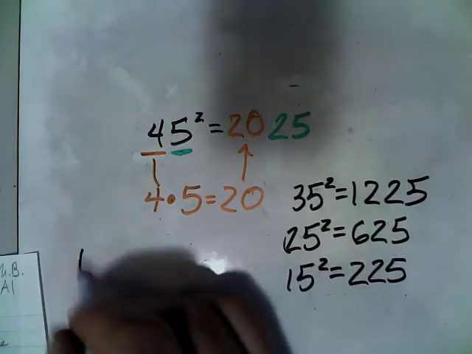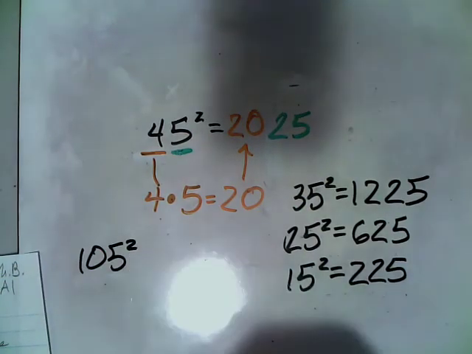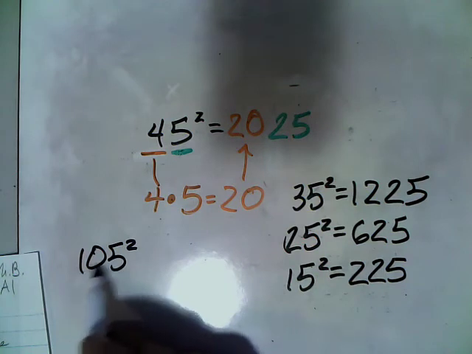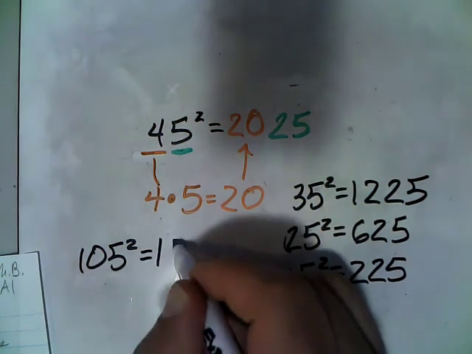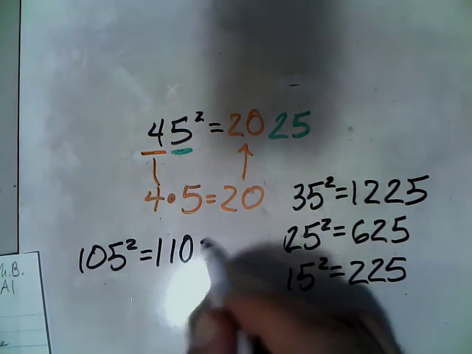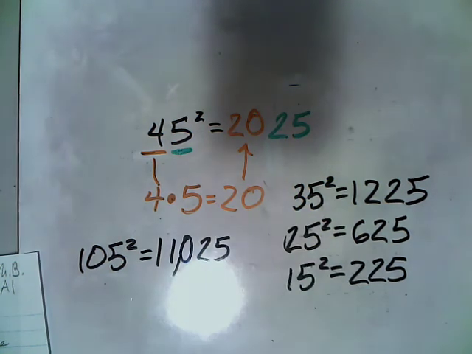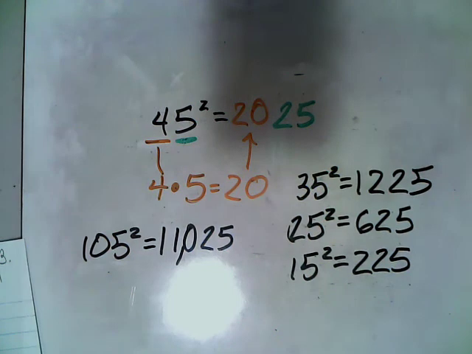For that matter, I could do 105 squared. So I'm going to treat this like a 10 in front of that 5. So 10 times 11 would be 110, but then I'll end in a 25. So it's actually 11,025. Nice little shortcut there. Can save you a little bit of time having to grab the calculator.